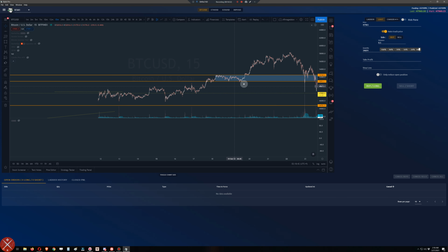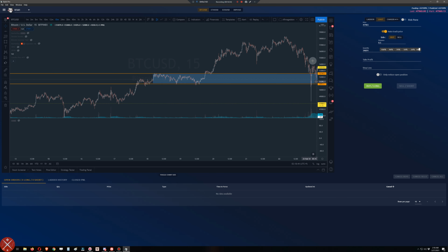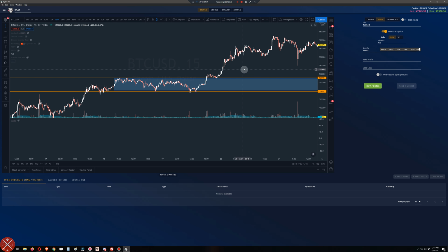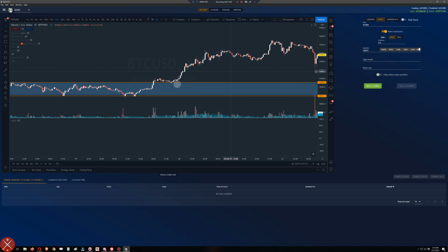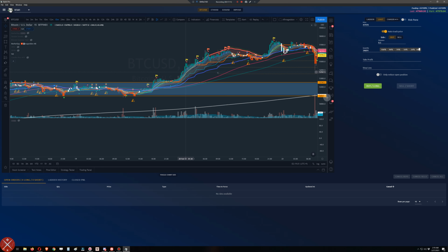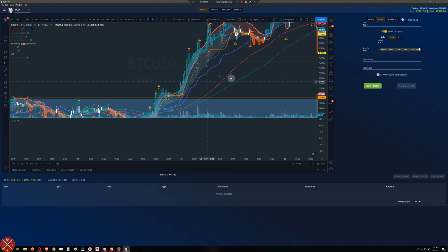So consider this uptrend here, right? Let's turn on the Armageddon and just look at the average size of all of these candles in this consolidation and uptrend, and tell me, what do you see?